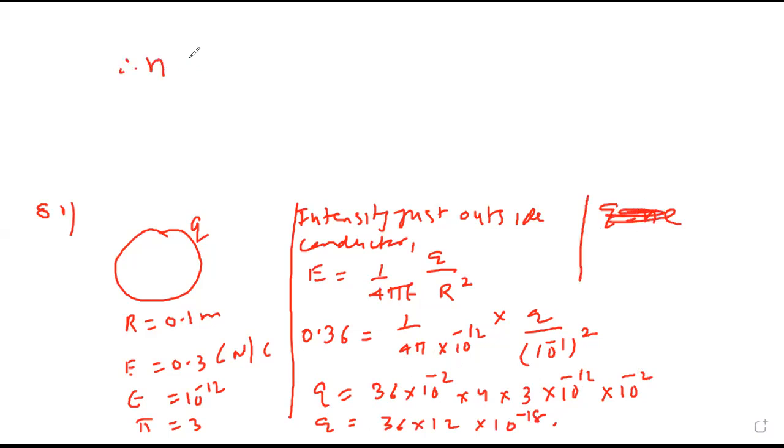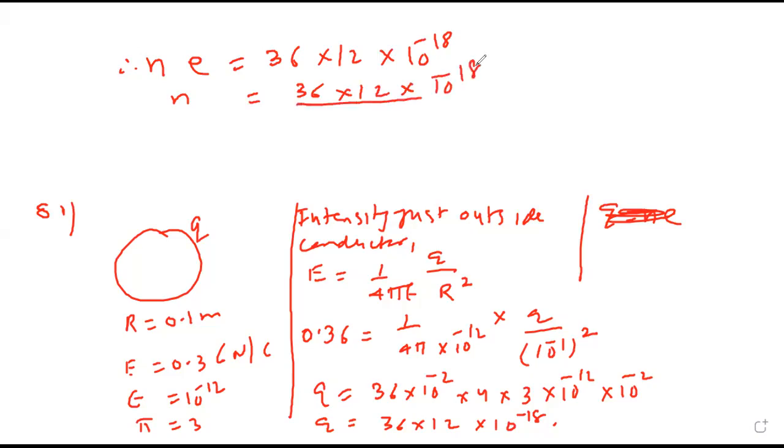Therefore, n into electron is 36 into 12 into 10 raised to minus 18. So number of electron is 36 into 12 into 10 raised to minus 18, upon 1.6 into 10 raised to minus 18.